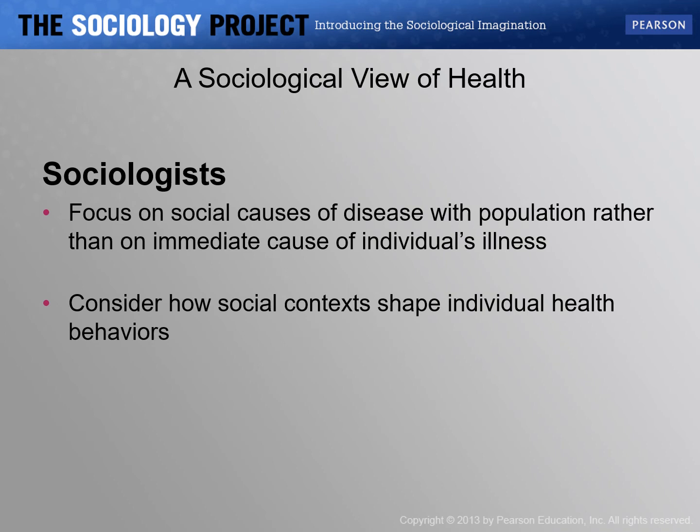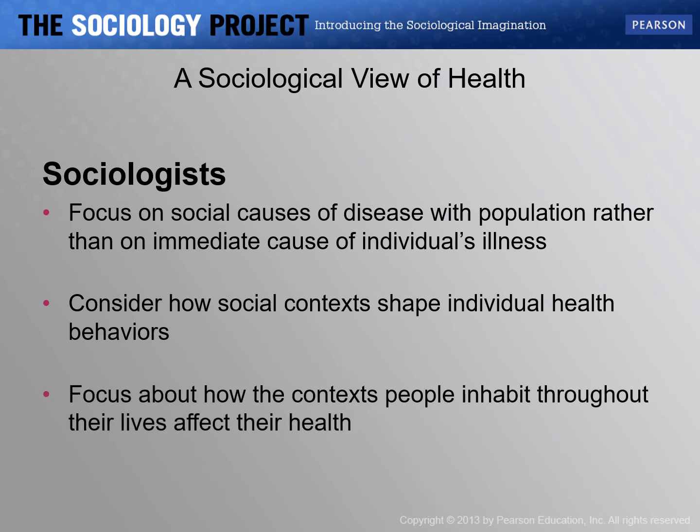Again, it's about social context. And of course, the focus is on how the contexts people inhabit throughout their lives affect their health. So it might be that the COVID behavior emerged because of COVID, but the same kind of healthcare decisions and behaviors are found pretty typically throughout that person's lifestyle choices.